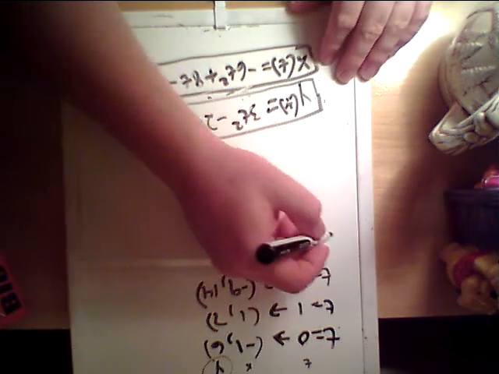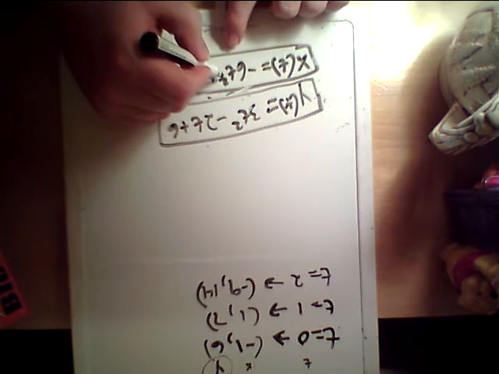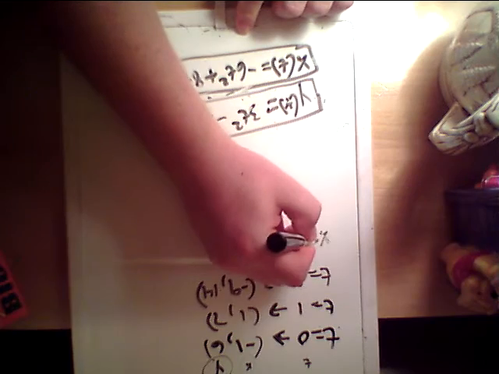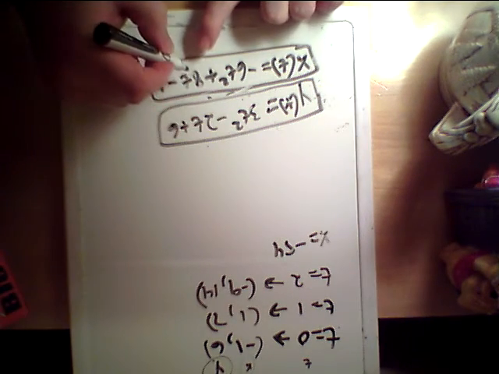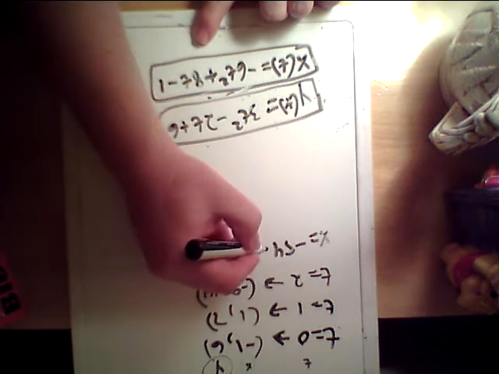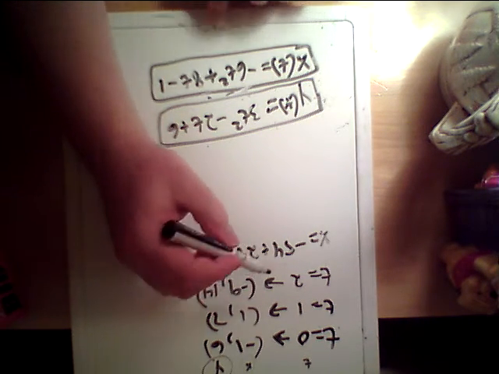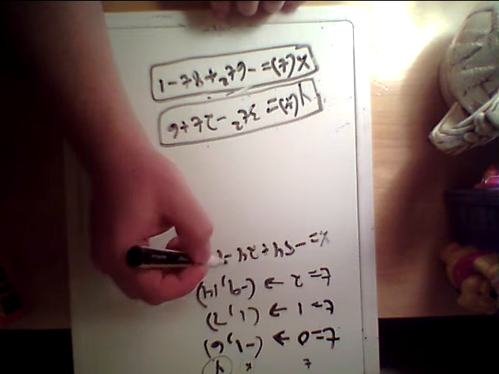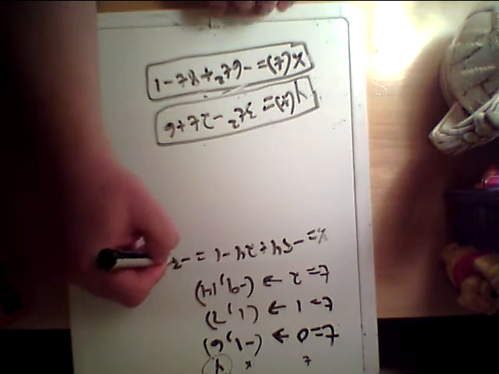So it'd be x of 3, so it'd be -6 times 3 squared. 3 squared is 9 times -6, it'd be -54. So x would equal -54 plus 8 times 3 is 24, minus 1. So -54 plus 24 is going to be -30. Minus 1 is going to be -31.